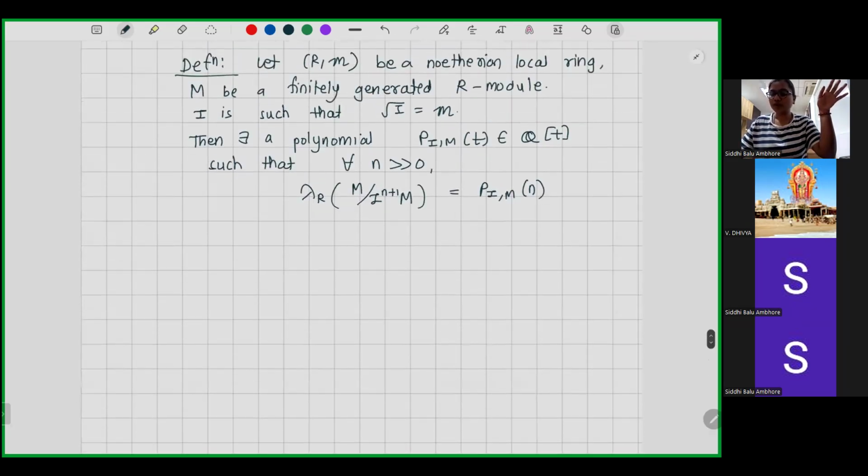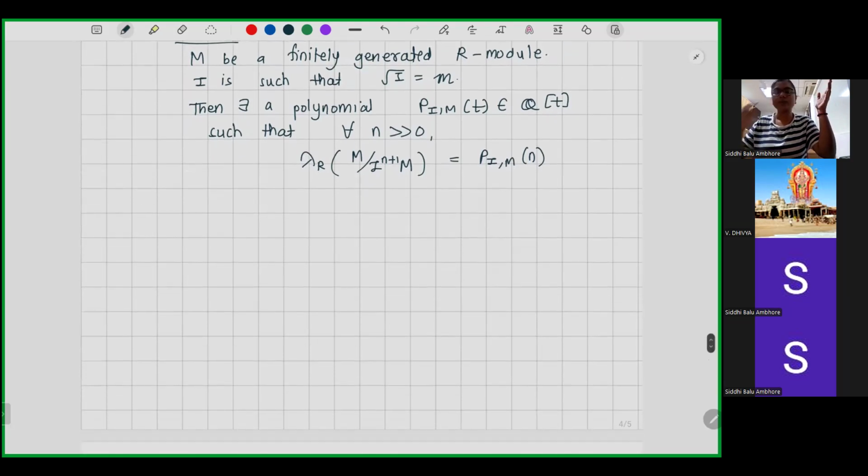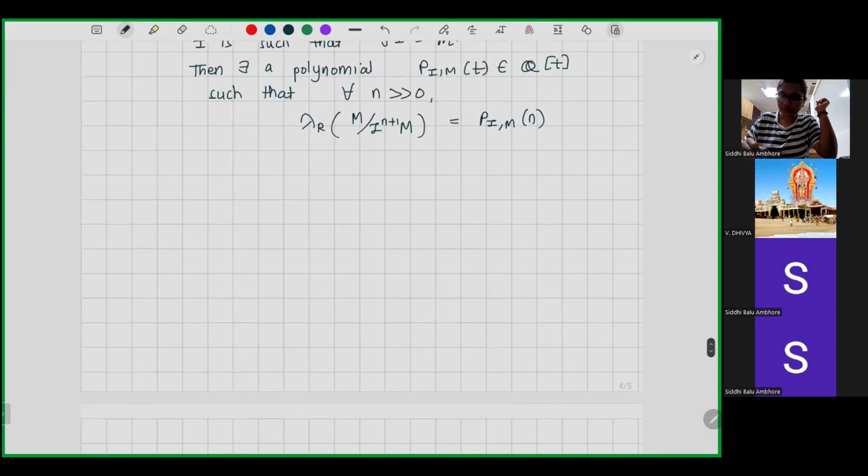We know how the Hilbert polynomial looks for some module. So we are talking about it with respect to this ideal I, and we have that the length over R of M mod I^{n+1}M is P_{I,M}(n).